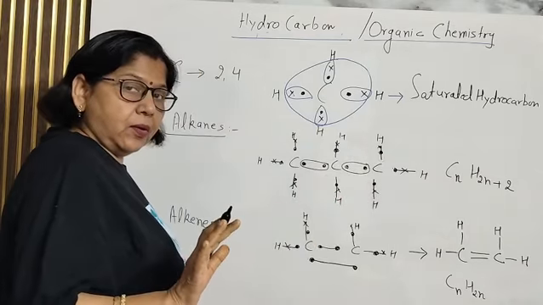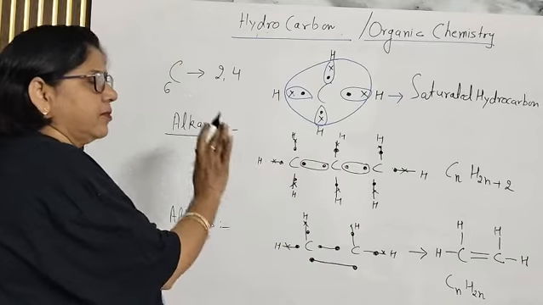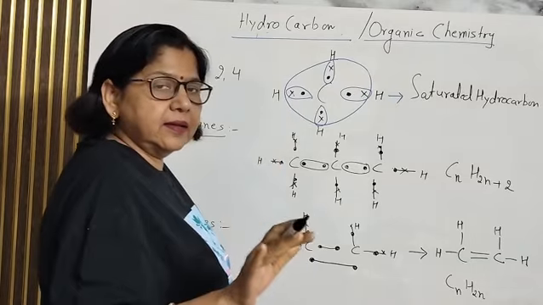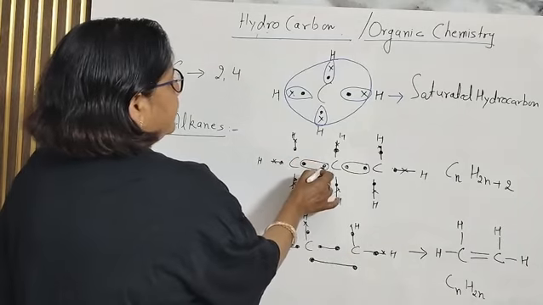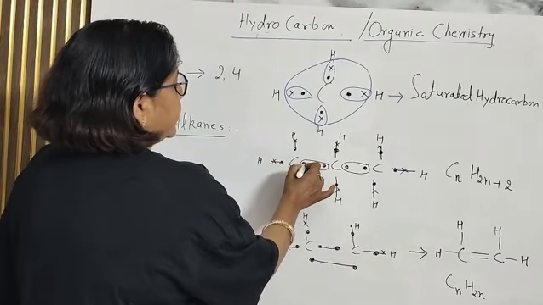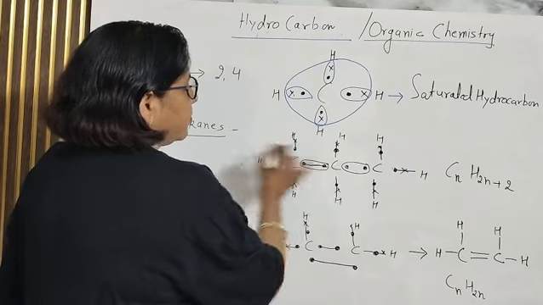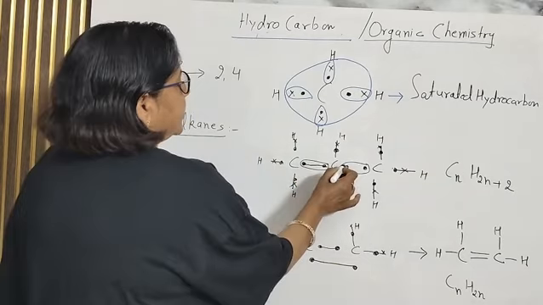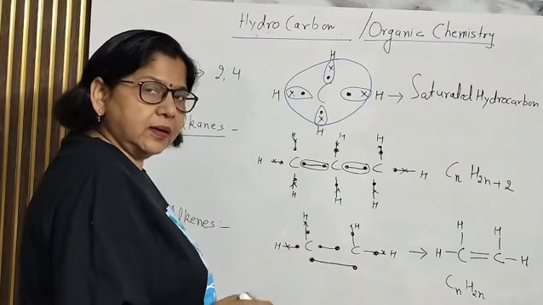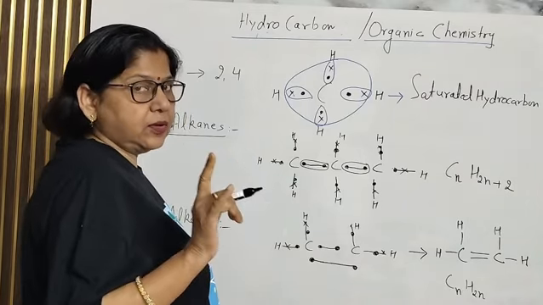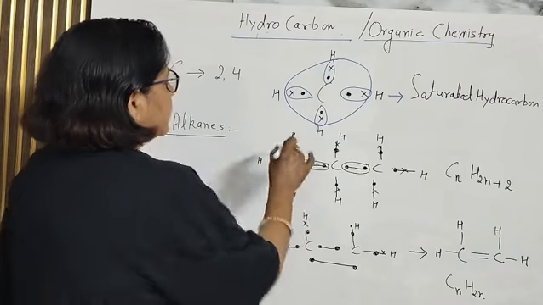Now they want to satisfy their valencies. So one electron of this carbon atom shares with an electron of another carbon atom and forms a single covalent bond.